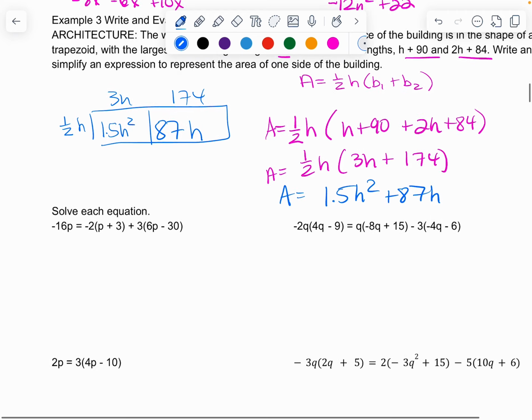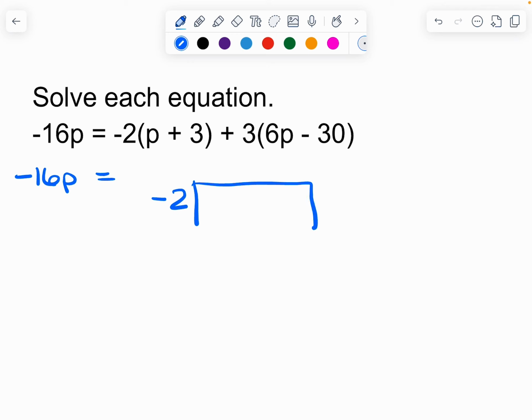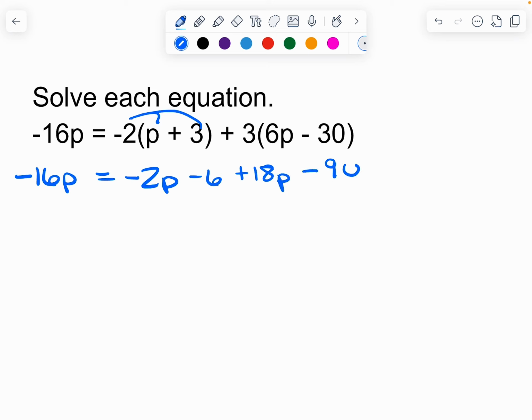Okay. So then down here, we're going to solve an equation. So over here, I have negative 16p equals, and then I'm going to have negative 2, and I'm going to multiply that by p and 3. Actually, I'm not going to do the box method here, because the reason I did it the box method up above was because it had variables. You know how to do this kind. Minus 6p, not p, 6 plus 18p, and that's minus, what is that, 90?